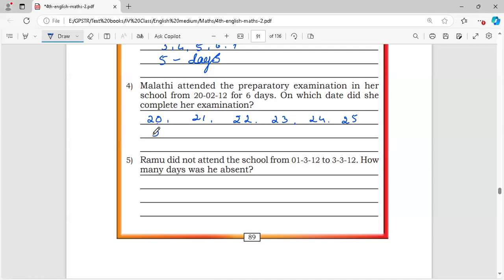That means she will complete on 25th February 2012. The examination will be complete.